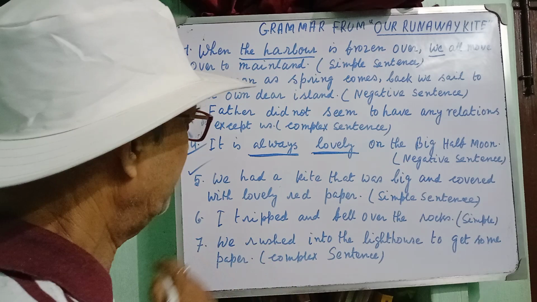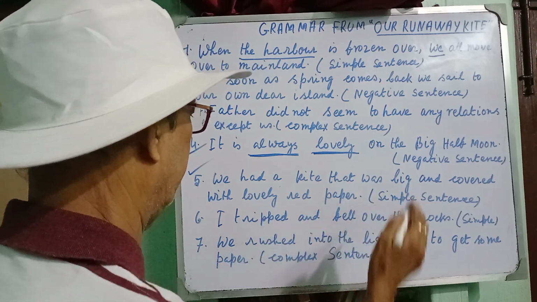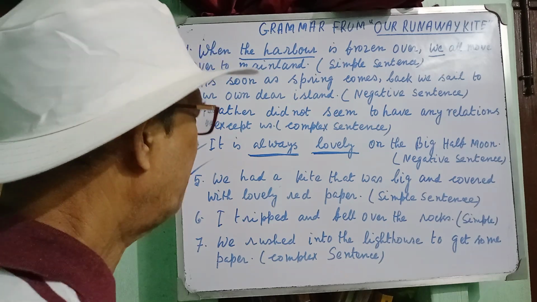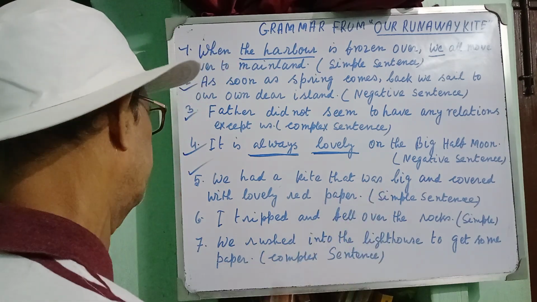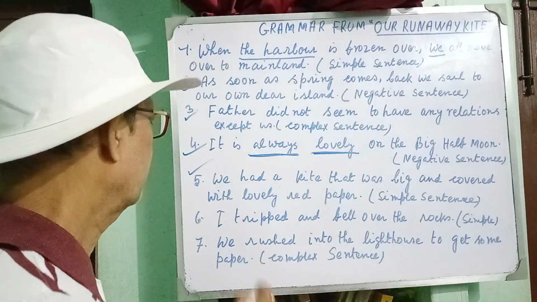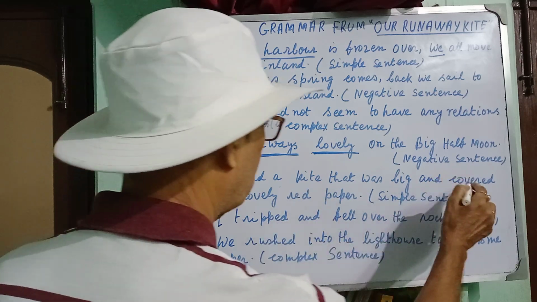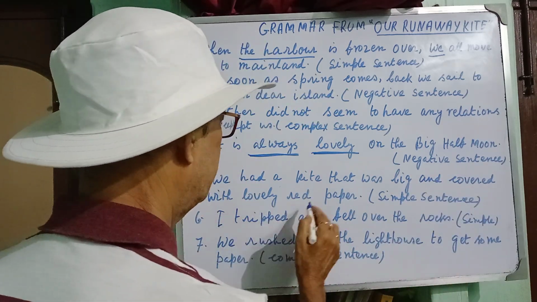We had a kite that was big and covered with lovely red paper, and you have been asked to turn into a simple sentence. So it is very easy. We had a big kite covered with lovely red paper.